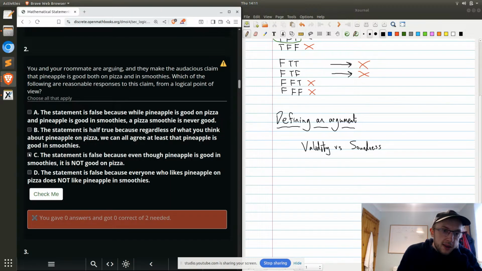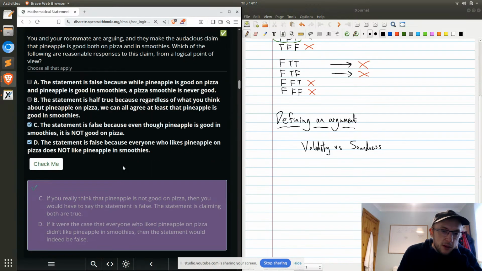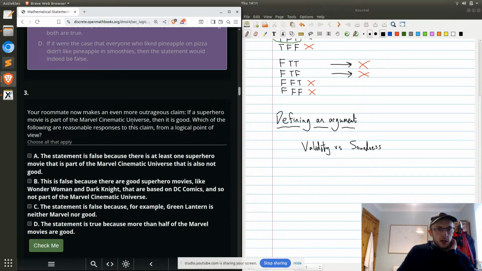All right, so I think the last two sort of resemble logical statements. Oh, I get it. So the speaker is sort of coming from their own point of view. Right, I understand.